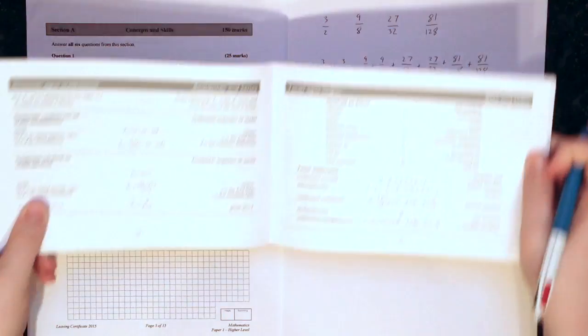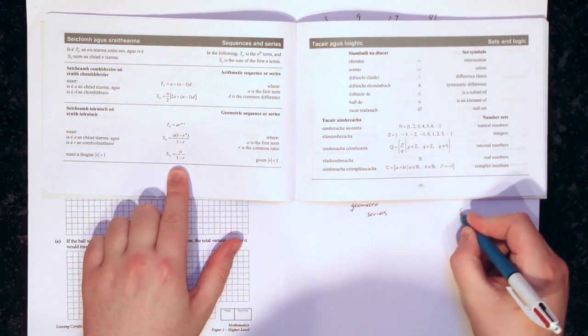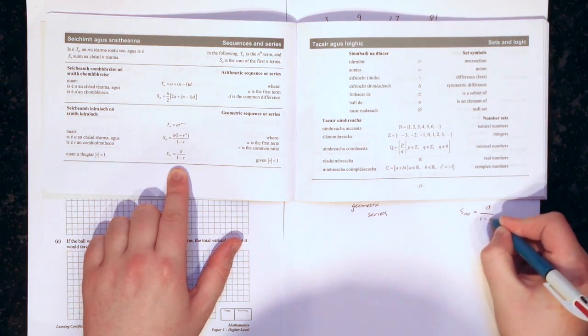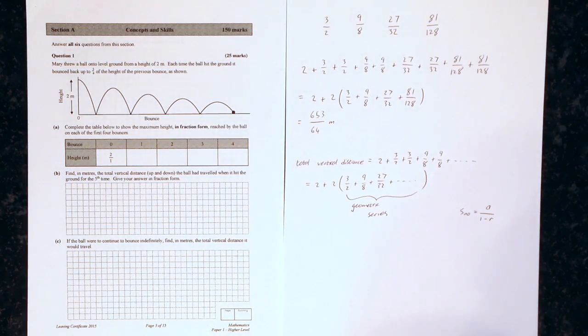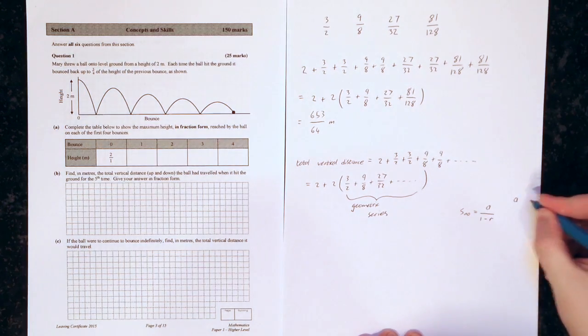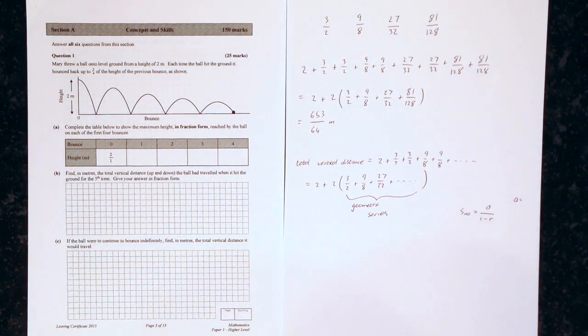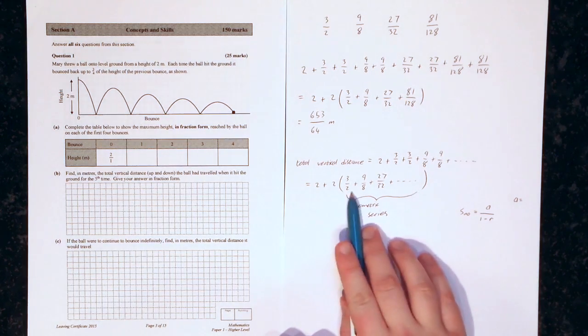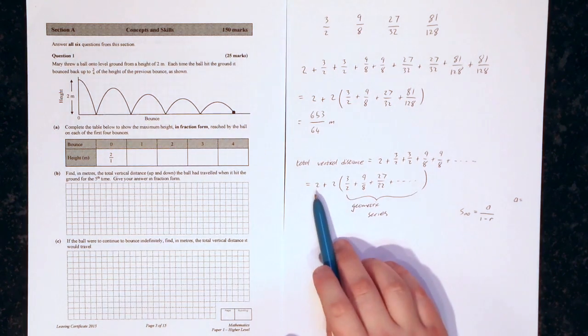Now the formula that we're given is that S infinity equals a over 1 minus r, where a is the first term in the series and r is the common ratio. So in this case, a will be equal to the first term in the series, which will be 3/2, because remember, we're only considering this part as the geometric series.